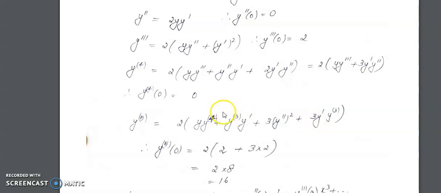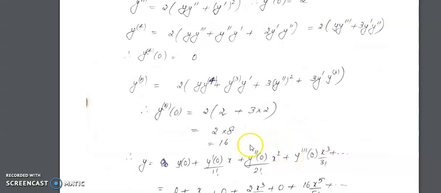So the y dash y3 term will be non-zero. These two will be 0. So y dash y3 will be 2. So you'll get 2 plus 3 into 2. So that will be 16.